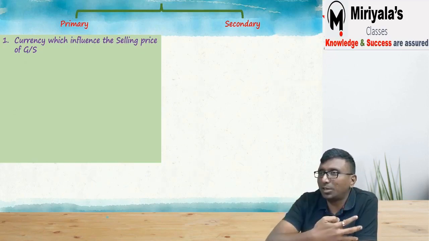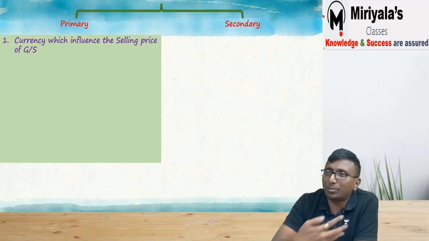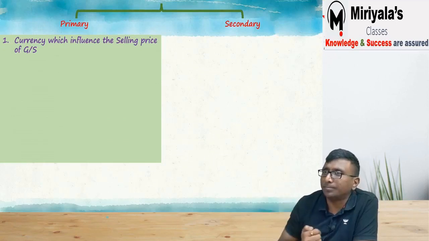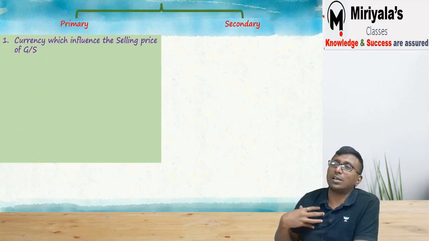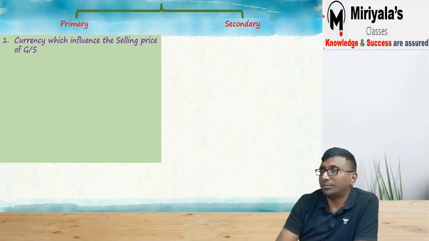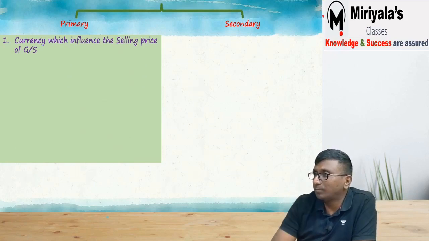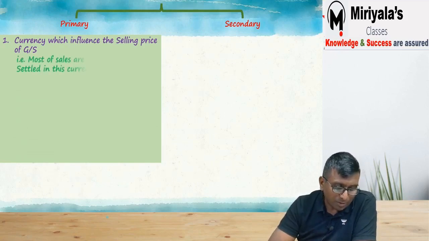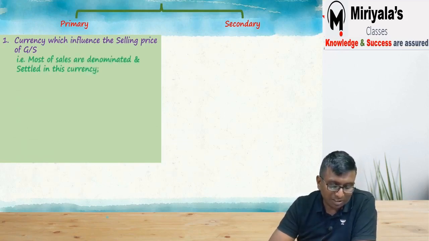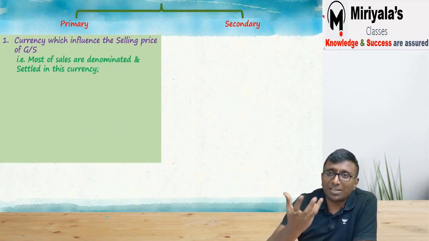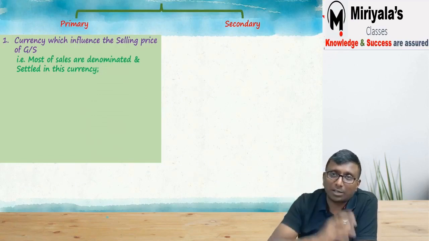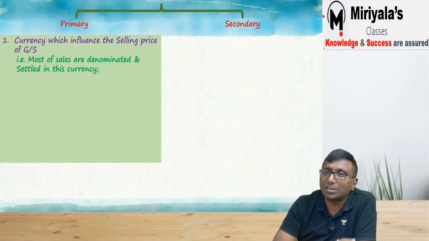There are three points in primary and two points in secondary. If my most sales are in rupee or dollar, for example dollar, it gets 1 mark out of 3. That means most of the sales are denominated and settled in that currency. That is the first mark, given for the sales.